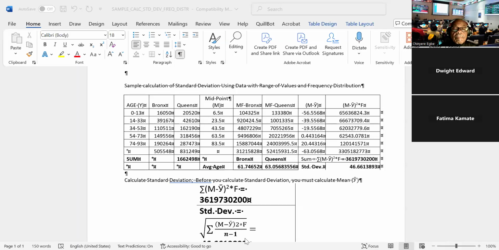This one? Yeah, with the standard deviation. What's the F again? F is the frequency. That's assuming that you have grouped data, okay? If you don't have grouped data, very good. I'm glad you brought up this question.